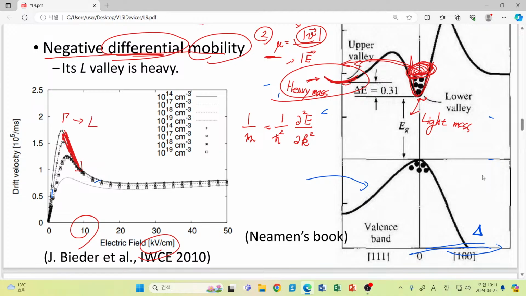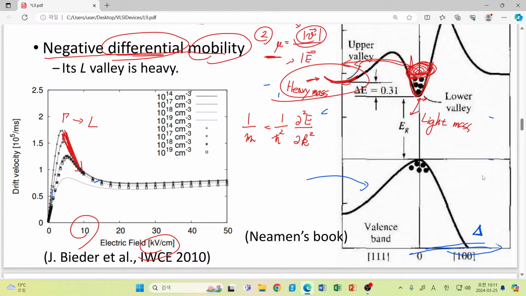That is quite significant. Why do we have such a thing? Because the distance between gamma and L is not that high. If the L valley were located far away from the gamma valley, then we would not observe this kind of behavior.